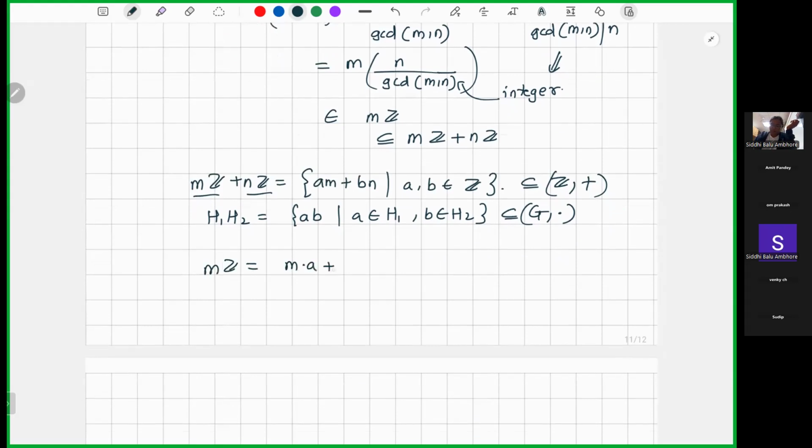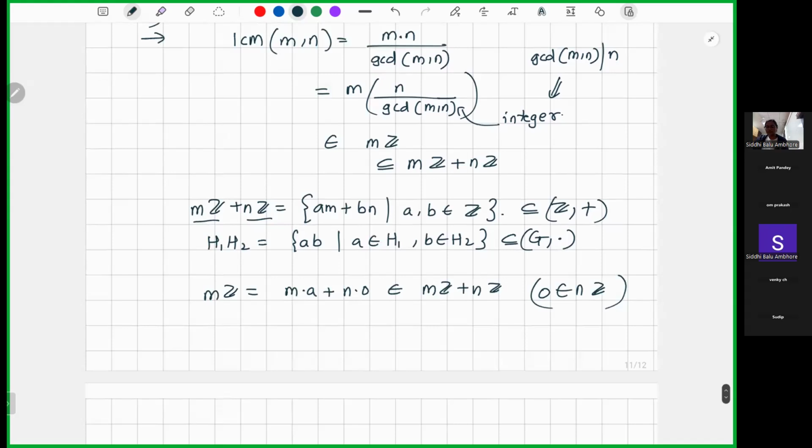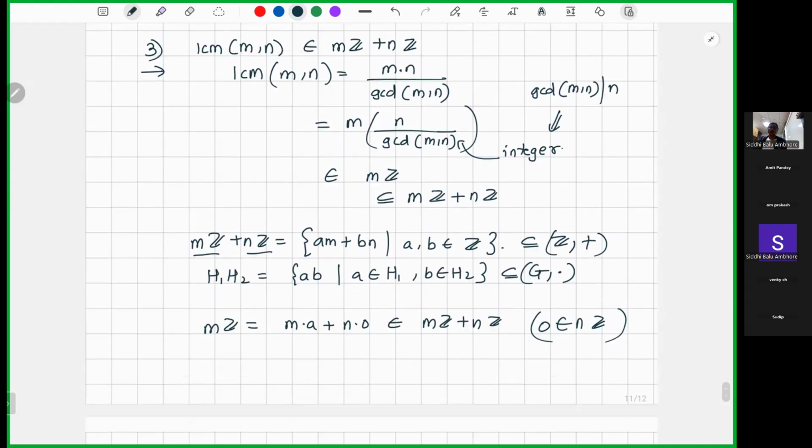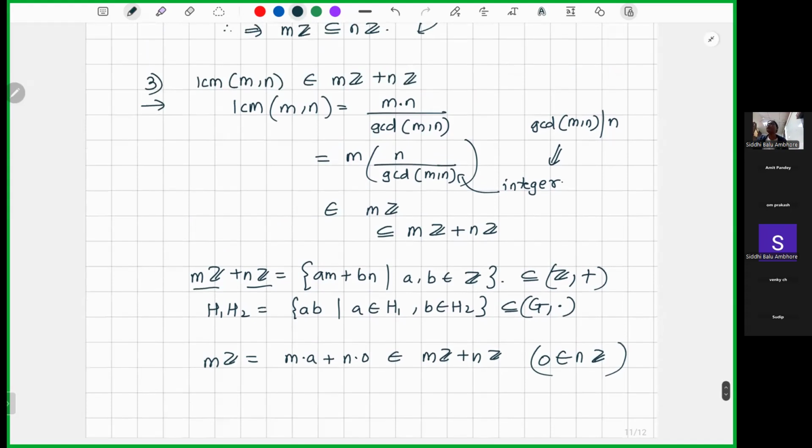M times A. I can always write this as M times A plus 0 times B, which belongs to MZ plus NZ, right? 0 belongs to NZ. So this is there. Any doubts here? So the LCM of M and N will always be an element in MZ plus NZ.